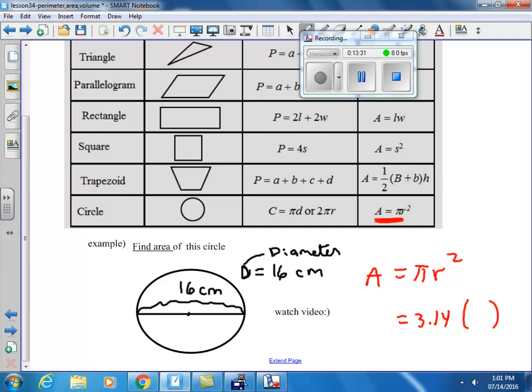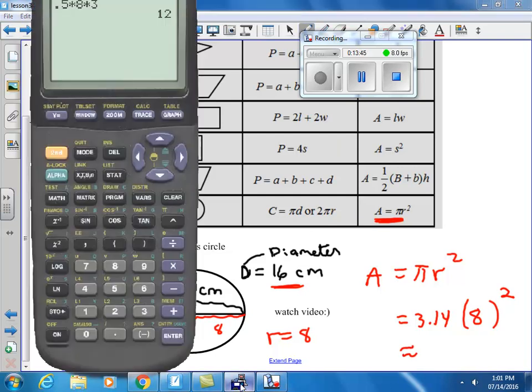Aha, but here I have the diameter. The diameter is 16. So the radius must be 8. From here to here must be 8. So radius squared. After I fill in the blanks, then I type it out. 8 squared is 64, and then times 3.14.